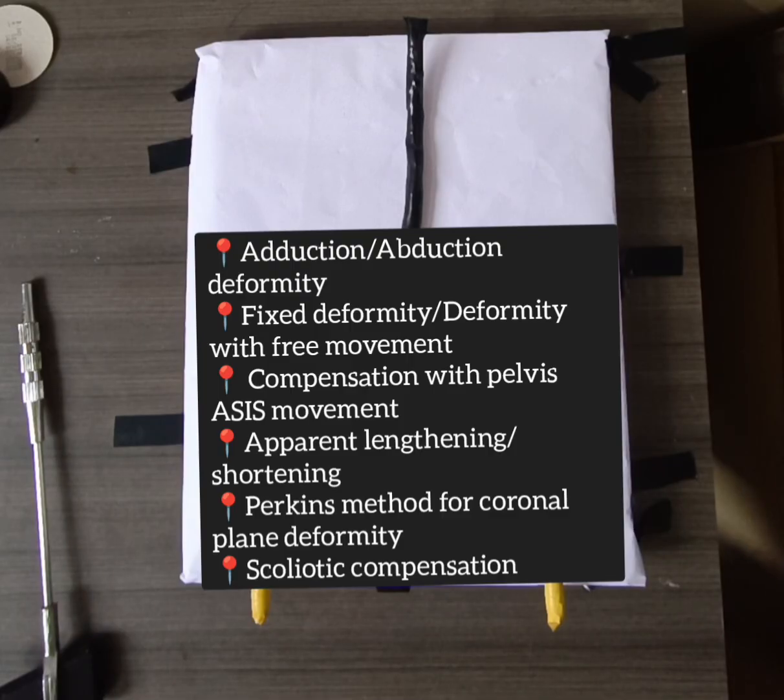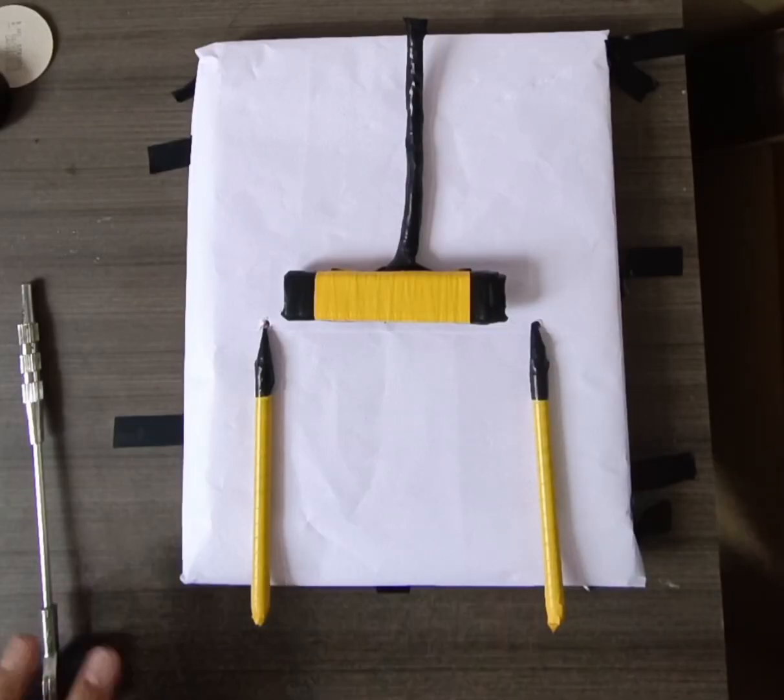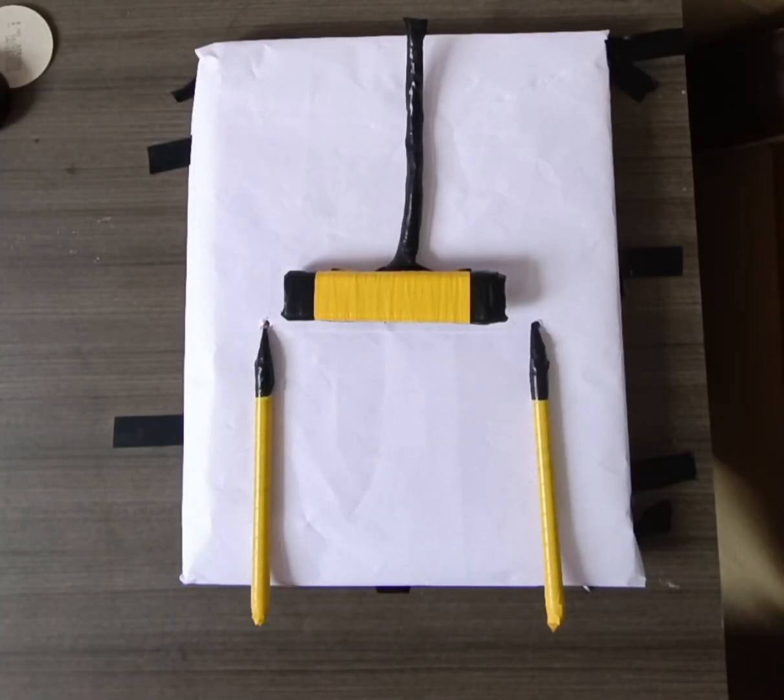We are going to understand the Perkins method for quantifying the abduction and adduction deformities, and at the end we are going to understand the scoliotic compensation along with the trunk for the coronal plane deformities. So without further ado, let us begin with the concept of coronal plane deformities.